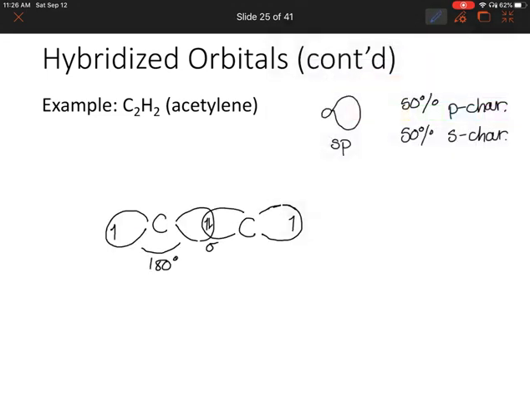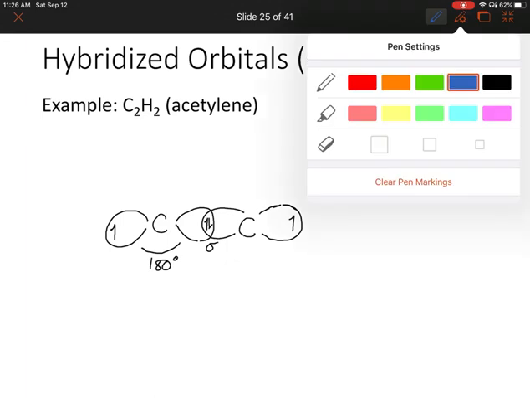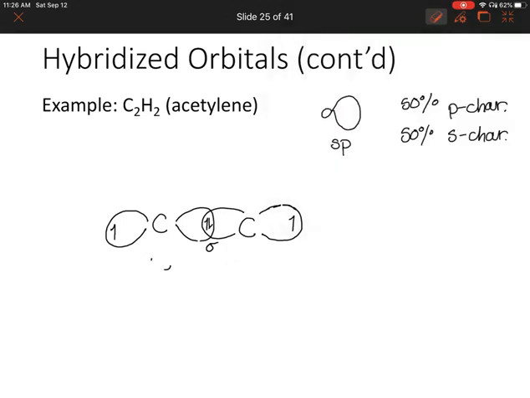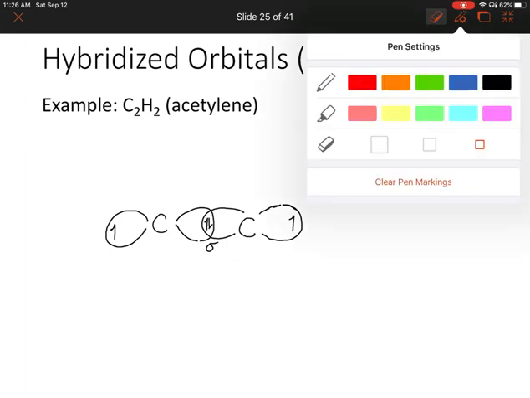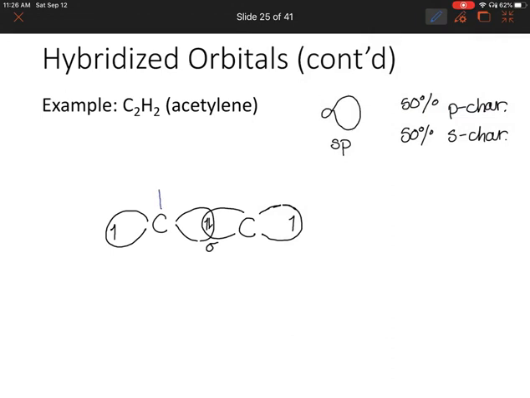Okay, so where will those go? Well, they're going to position themselves, and actually let me get rid of this angle, as far apart as possible as well.